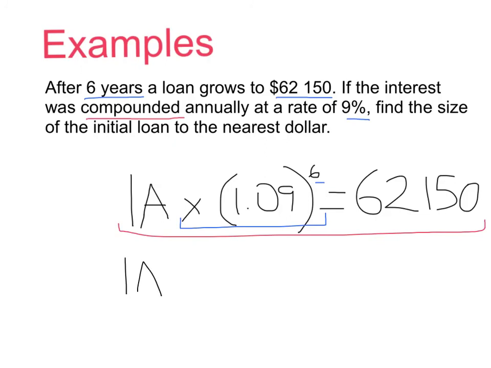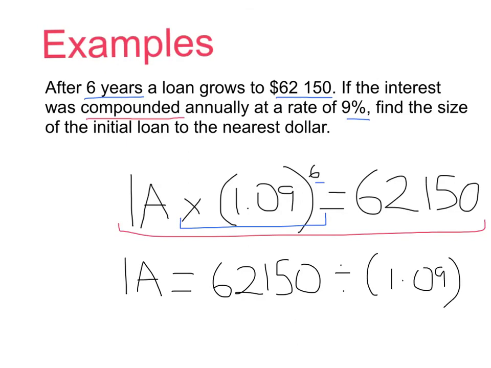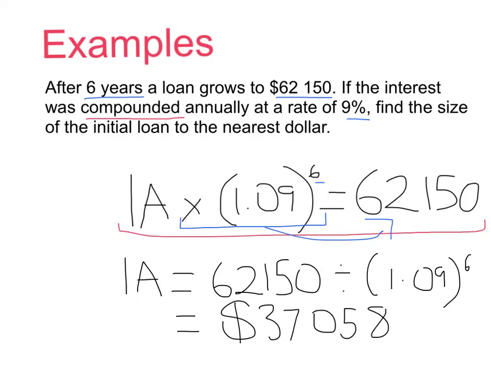So it becomes initial amount equals 62,150 divided by 1.09 to the power of 6, because I've moved it from this side to the other side of my equation. And then if I worked that out, I would get an answer of $37,058. That $37,058 represents the initial loan amount.